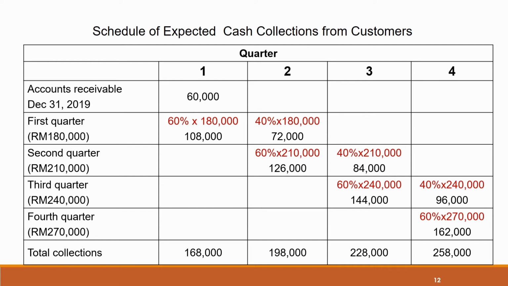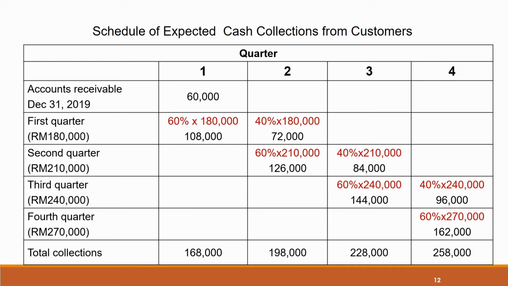And we will collect another 40% in the following quarter, that is the fourth quarter, 40% from 240,000 and you get 96,000. And in the fourth quarter, we will collect 60% of 270,000 and you get 162,000.